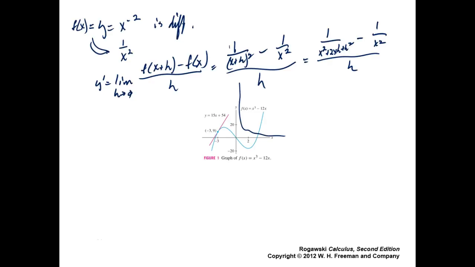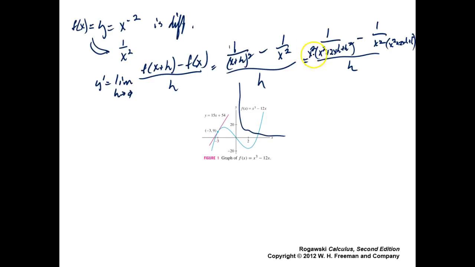Now, what do we got to do with that numerator up there? You got to have a common denominator. Any ideas what that might be? When all else fails, multiply them together. So the common denominator is going to be x squared times x squared plus 2xh plus h squared. Now, what did I have to do to the first one to get that new denominator?